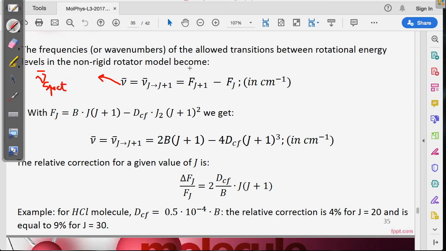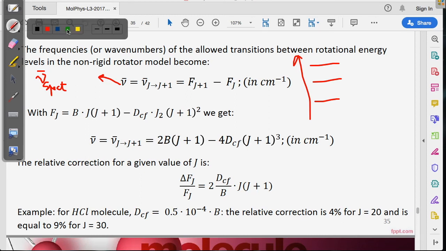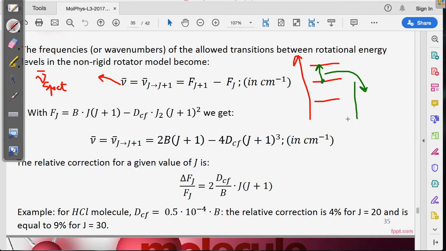If you have different levels of energy of the molecule, it's only when there is an absorption or an emission, doesn't matter, when a rotational energy goes from one state to the other that this difference shows up on the spectrum as a line, and there are other lines afterwards. So this is due to this difference in energy levels.